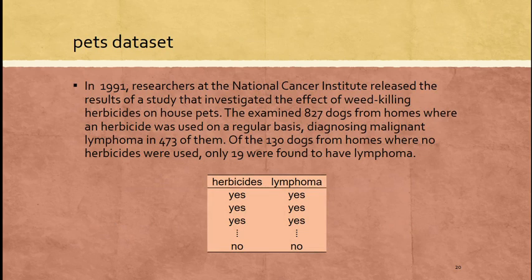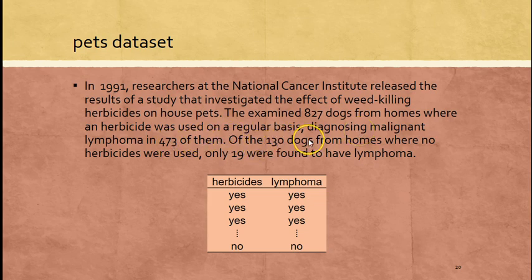Now for the test, I'm going to use the pets data set. In 1991, researchers at the National Cancer Institute released the results of a study that investigated the effects of weed-killing herbicides on house pets. They examined 827 dogs from homes where an herbicide was used on a regular basis, with a diagnosis of malignant lymphoma in 473 of them.